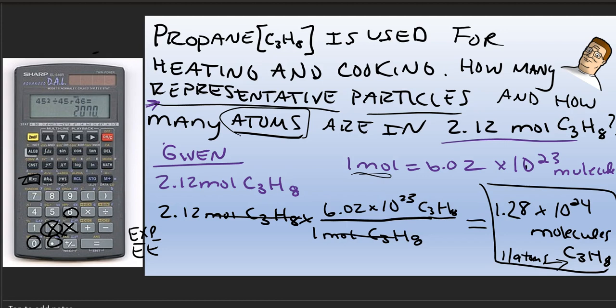So if we say 1.28 times 10 to the 24th molecules of propane.